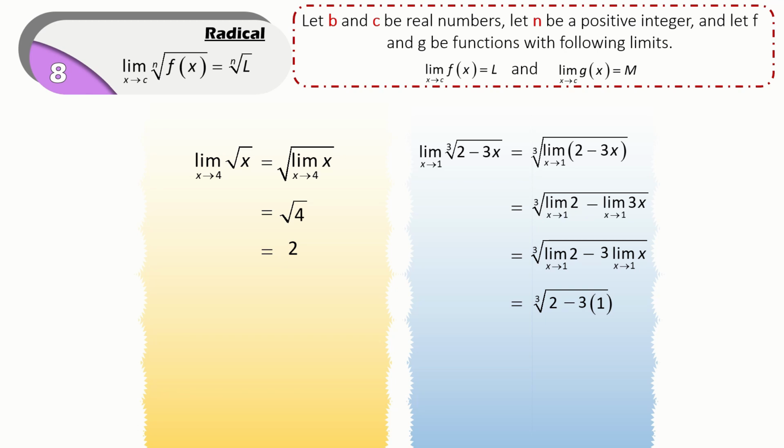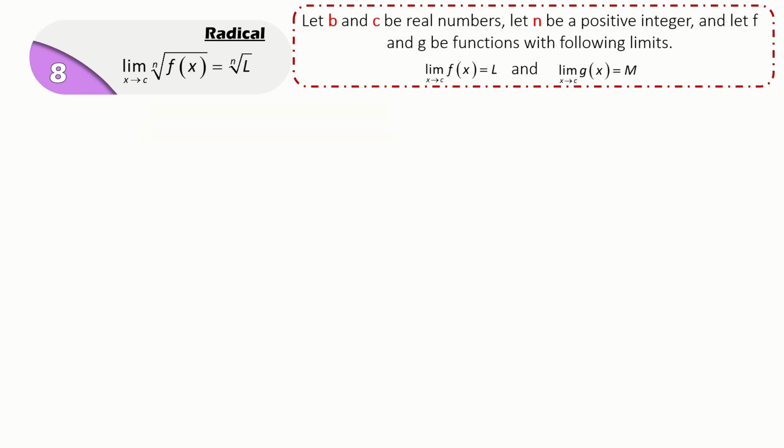Simplify the expression inside of the radical, and the result is cube root of negative 1. Take the cube root of negative 1. Thus, the limit of the cube root of the difference of 2 and 3x as x approaches 1 is negative 1.